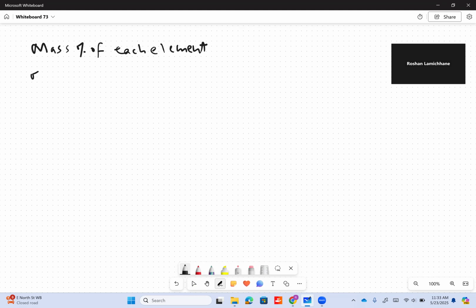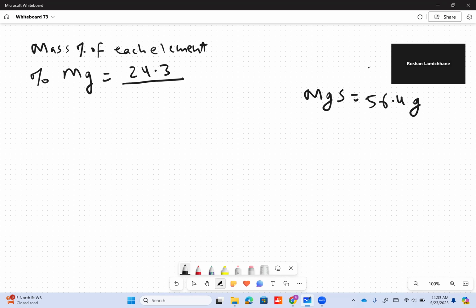The first one is to figure out the percent of magnesium. All I do is take the molar mass of magnesium and divide that by the molar mass of magnesium sulfide, because we do have the percent mass of MgS in the mixture as 85.24 calculated. If you add up magnesium and sulfur, you end up with 56.4 grams in 1 mole.